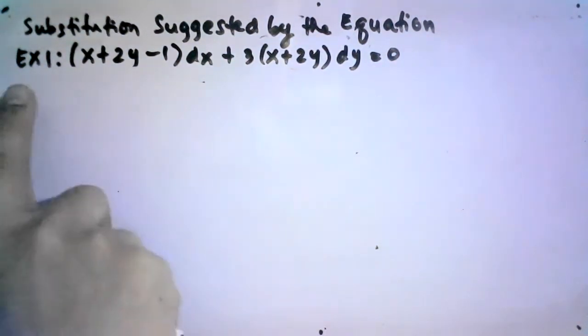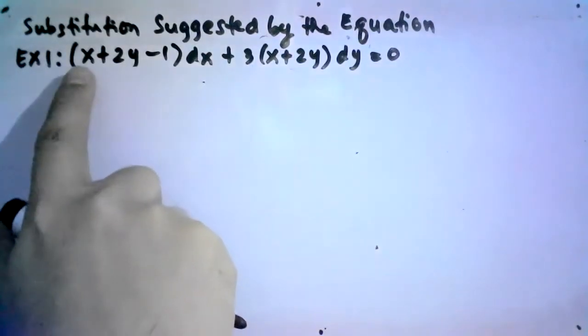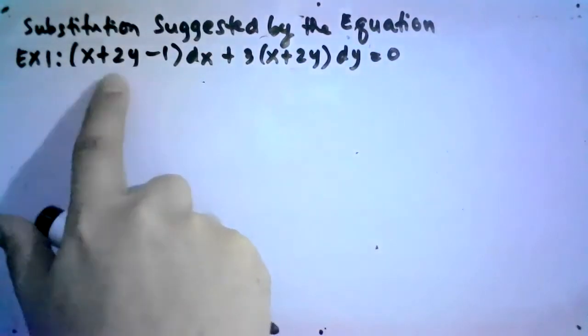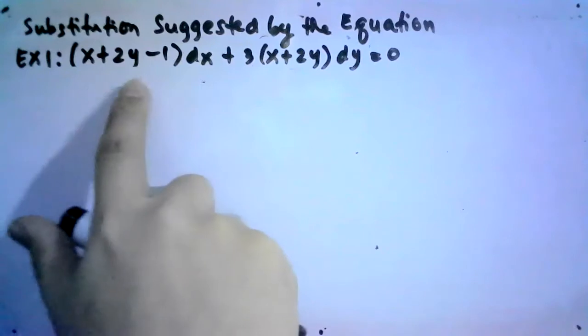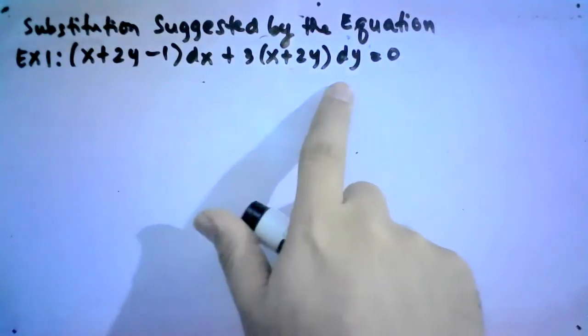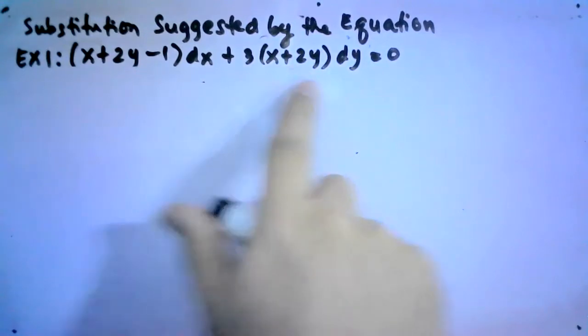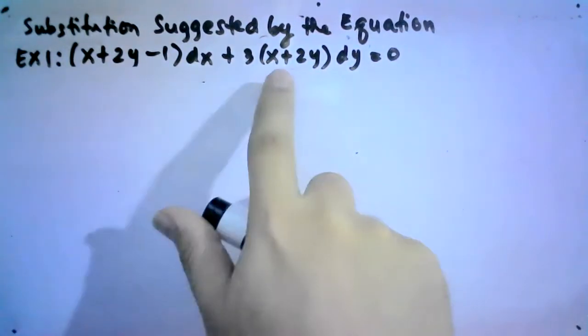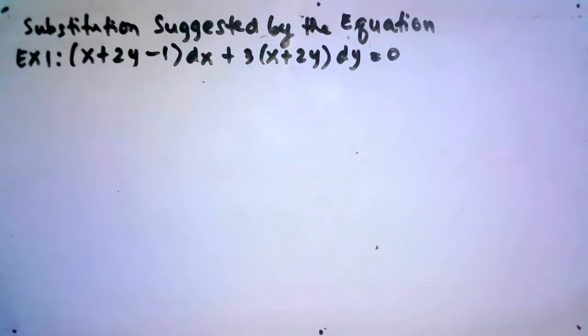For example, in this one, the x plus 2y in your M dx is also located in your N dy, which is x plus 2y. Therefore, this method can be used for this particular problem.